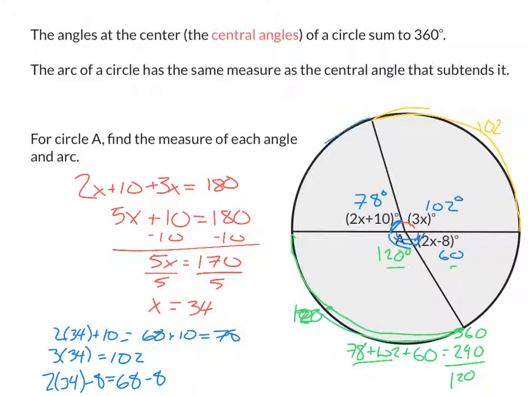This arc right here is 78 degrees. And this arc down here is 60 degrees. And so that's how we find the measure of each angle and arc in degrees. For now, we are done.